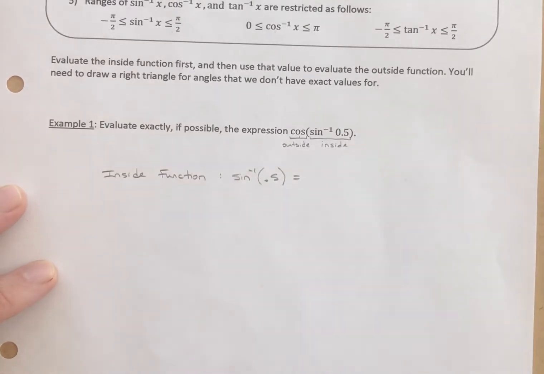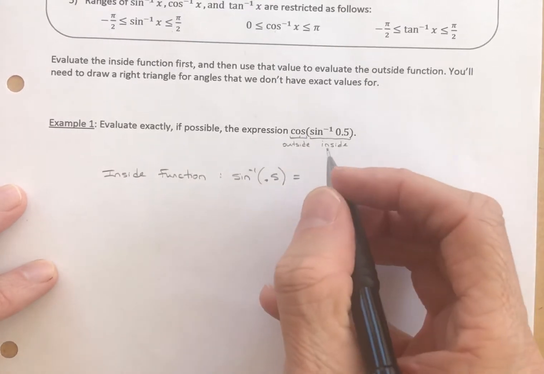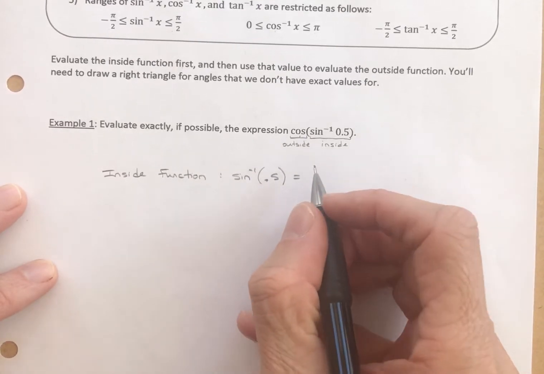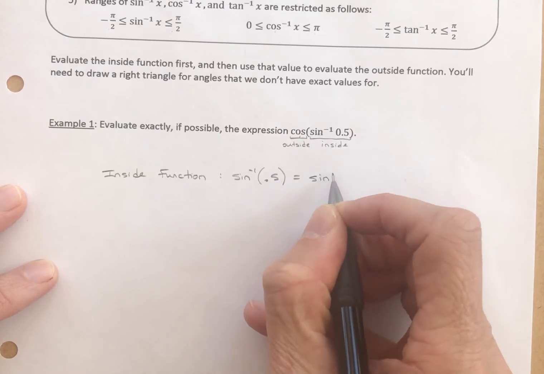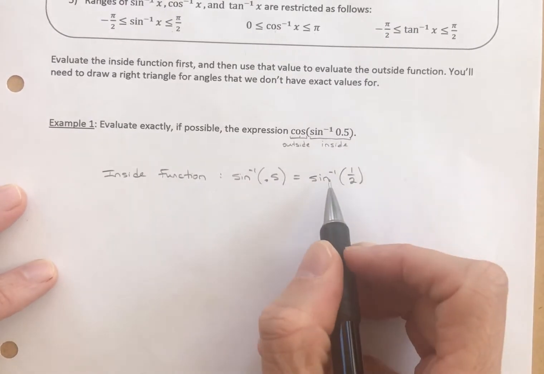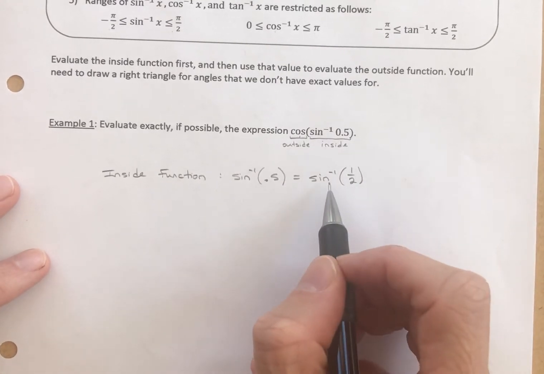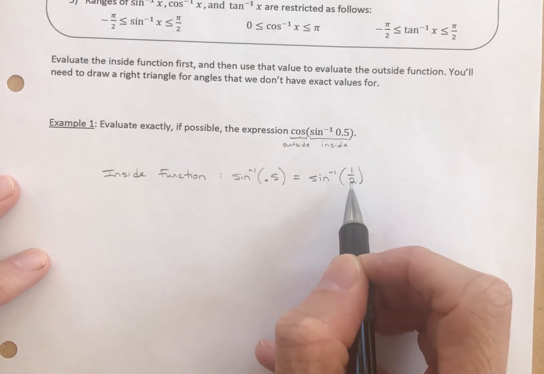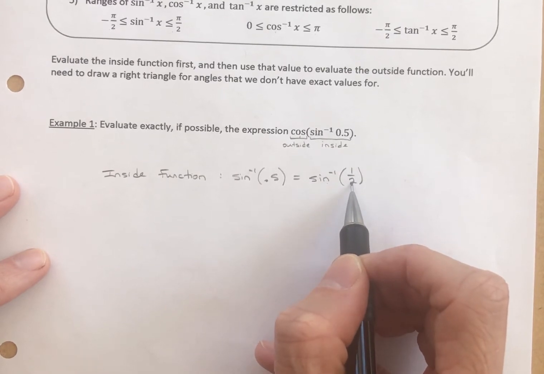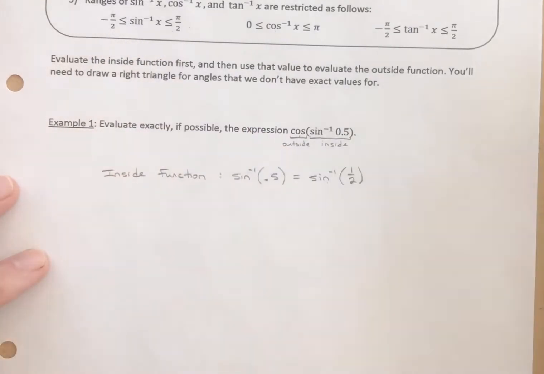I'm going to rewrite that because on our unit circle, we're used to seeing it as a fraction, which makes it a little more visible. This is identical to the inverse sine of 1/2. So we're looking for an angle whose y value is 1/2, and that angle needs to be between negative pi over 2 and pi over 2.